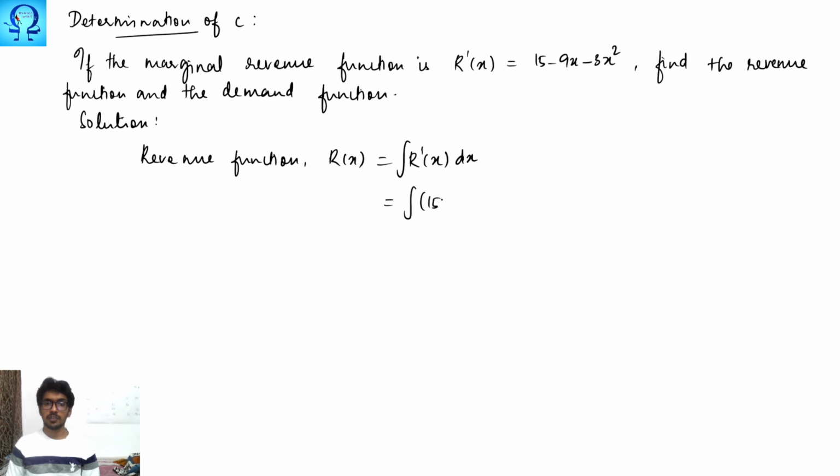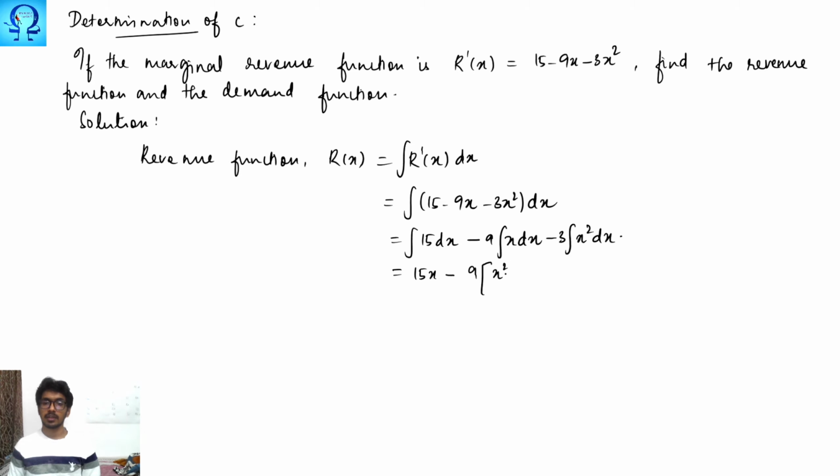So integral of 15 minus 9x minus 3x squared with respect to x, you would get integral 15 dx minus 9 times integral x dx minus 3 times integral x squared dx, and this is about to give you 15x minus 9 times x squared upon 2 minus 3 times x cube upon 3 plus some constant of integration c, and this is 15x minus 4.5x squared minus x cube plus c.